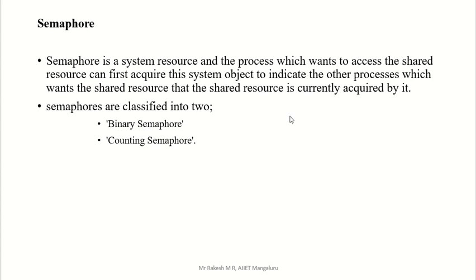For process P2, P1 will give a signal that I am already in, or your semaphore or resource will give a signal that someone is inside now, so wait for some time.